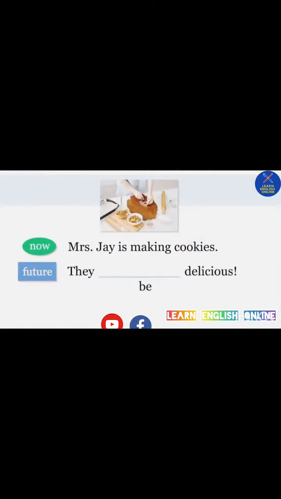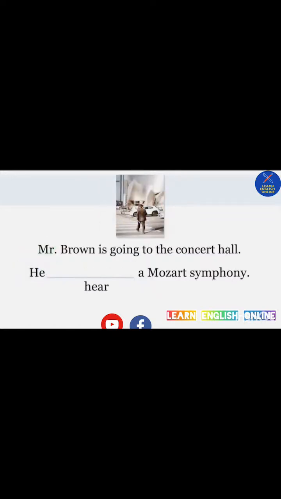Okay, now you try forming it. Mrs. J is making cookies. That's happening right now. And now you have to fill in the blank. What goes in the blank to make the future? They are going to be delicious. Mr. Brown is going to the concert hall. What goes in the blank to make this the future?